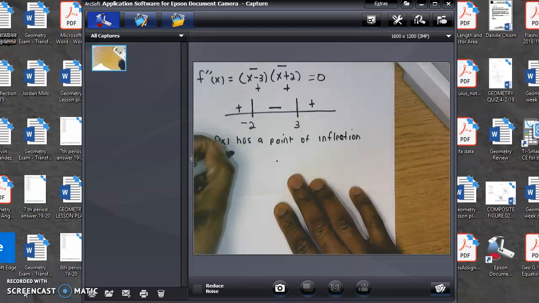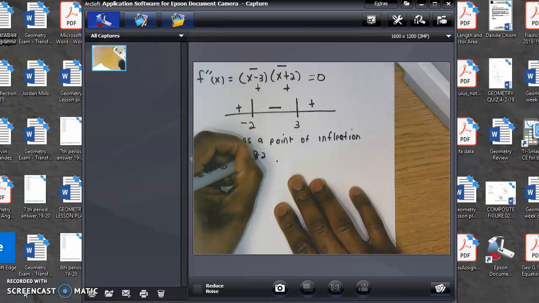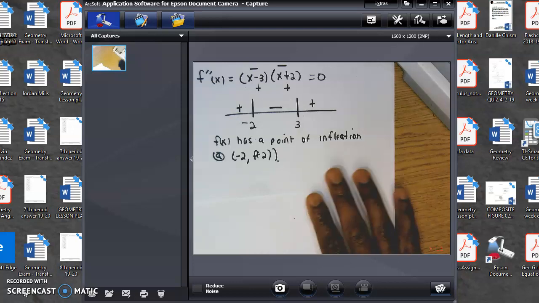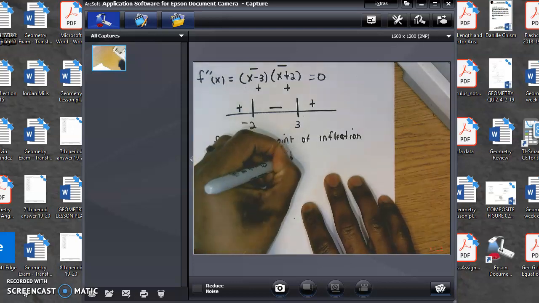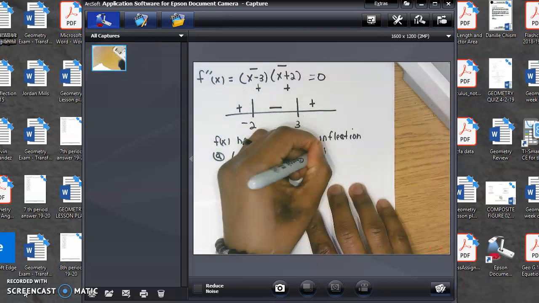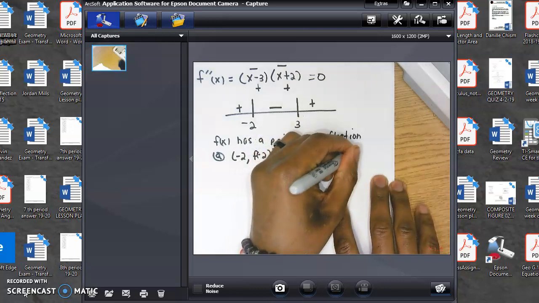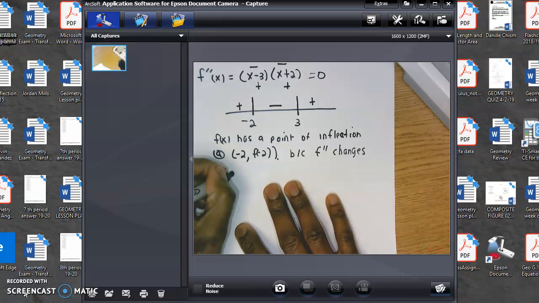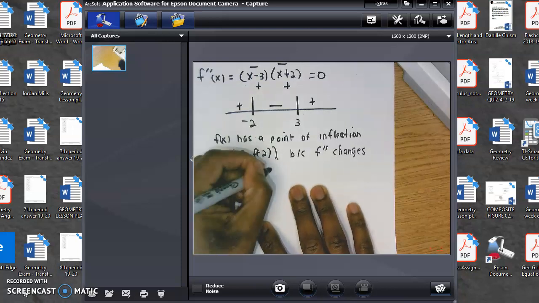So it's going to be at the point (-2, f(-2)). We don't know what the function is, so that's why I'm just saying f of -2. And we have a point of inflection because what? f double prime changes from positive to negative.